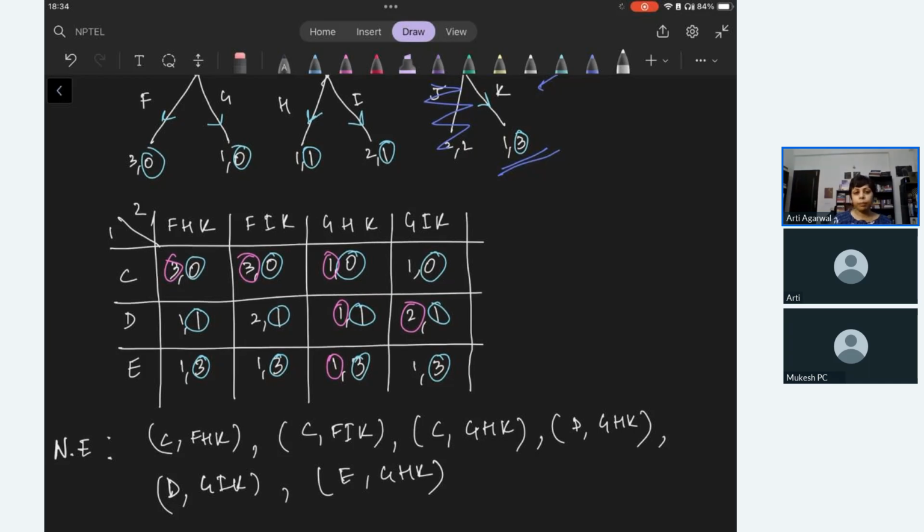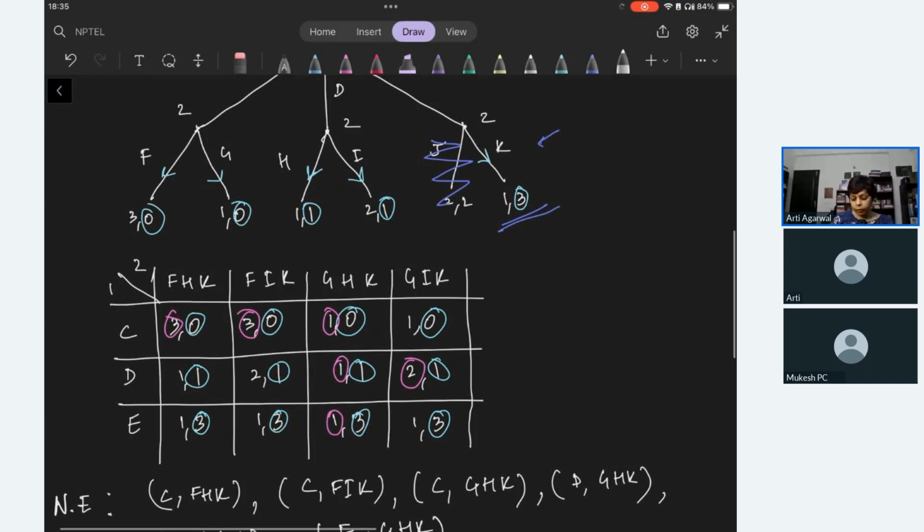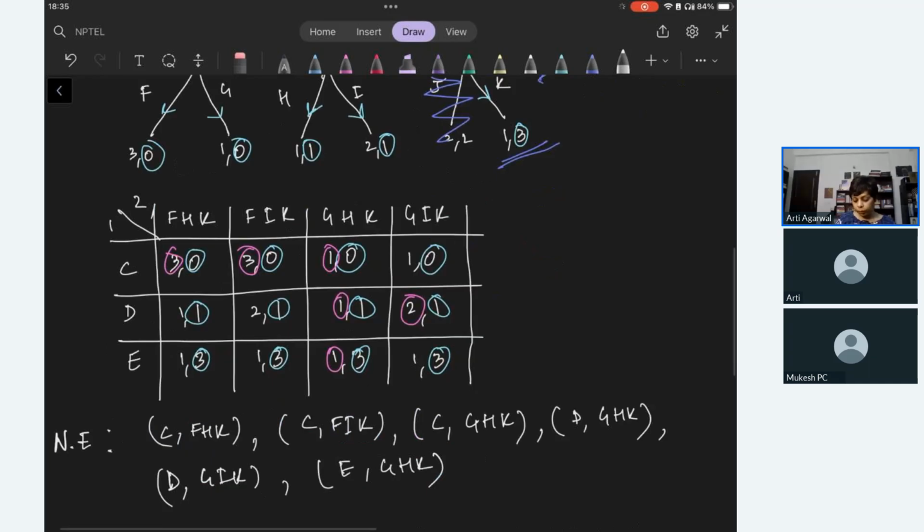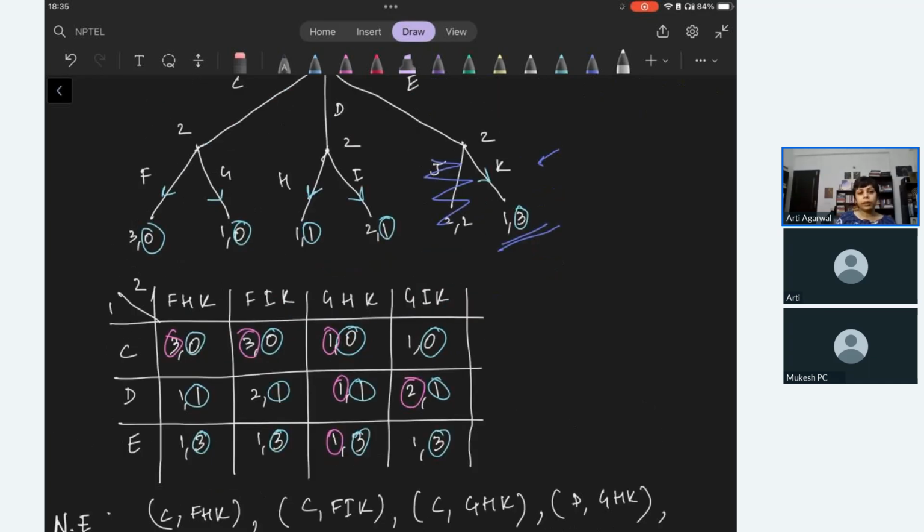They're all subgame perfect, right? Which is why when we remove J in the beginning, we don't actually run into trouble, because if you had some equilibrium in which you had the strategy J, then that would not be subgame perfect, because strategy J is the only strategy which we know is never going to be played. So that's why we isolated it.